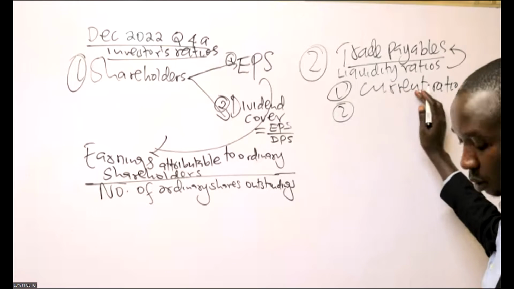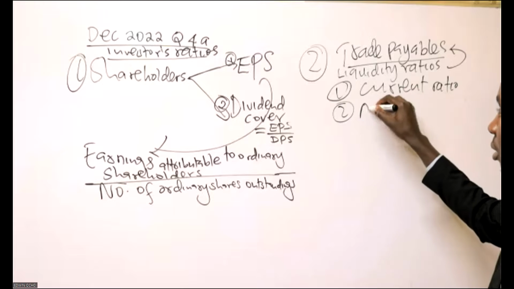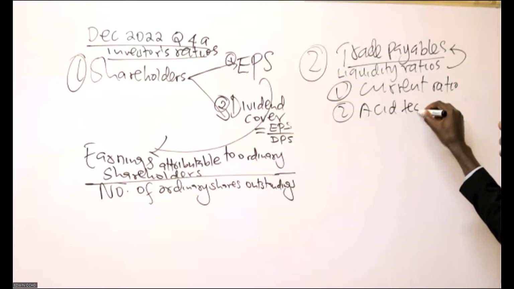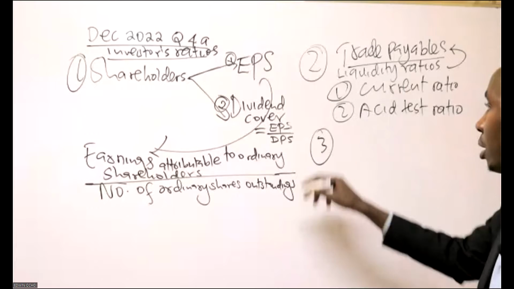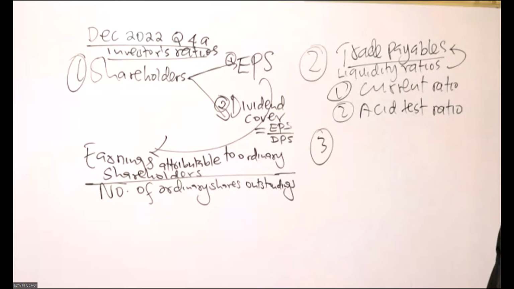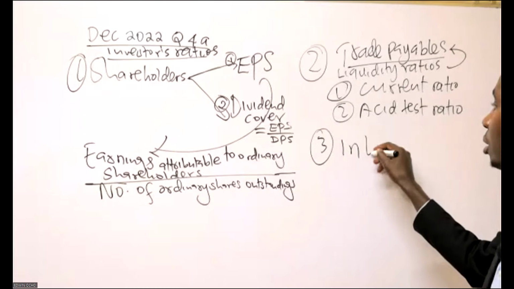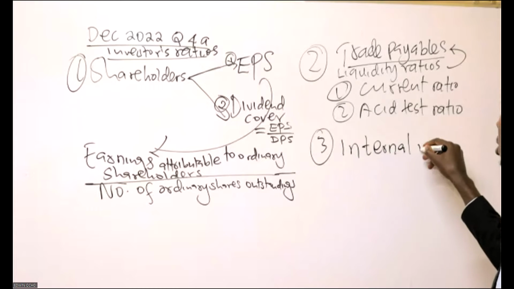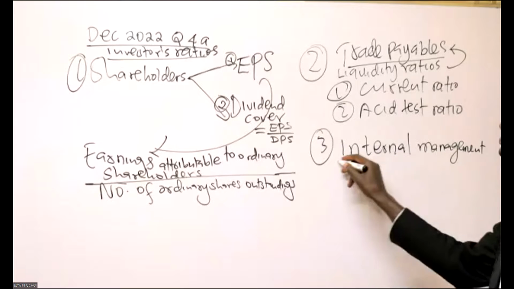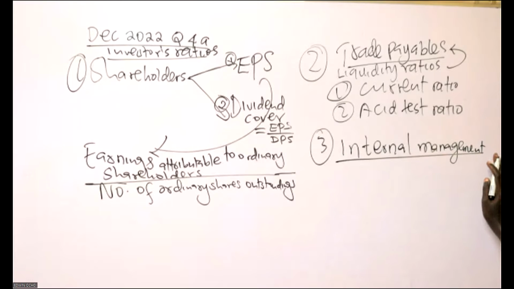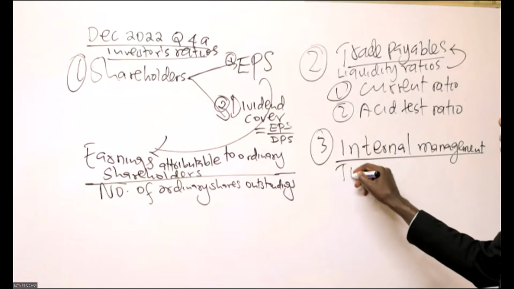The number two, acid test ratio. You know the formulas. The number three, we talked about who? The user, internal management. So in this scenario, under internal management, we can focus on the turnover ratios.